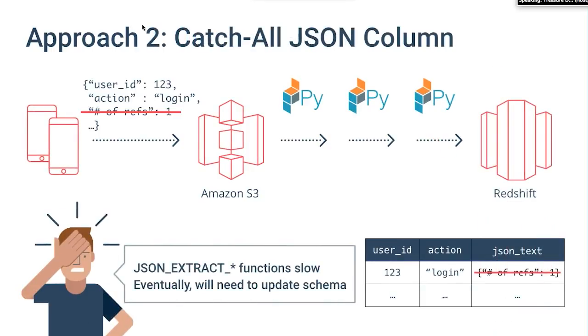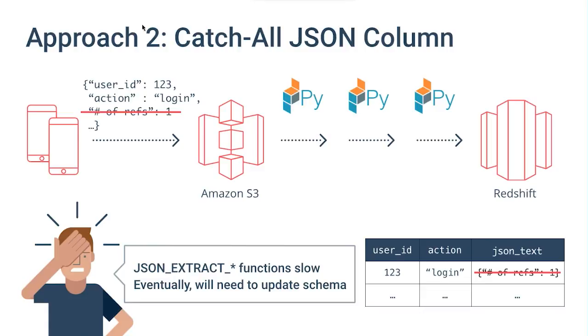Another approach is to take advantage of Redshift's ability to parse the text column as JSON. You would have a catch-all column that stores extra fields, and any new field in event data is thrown into that column. If you want to read those extra fields later, you will rely on the Redshift JSON function to retrieve desired fields. This approach has its own set of issues actually around performance.